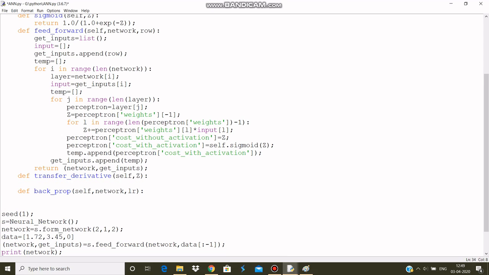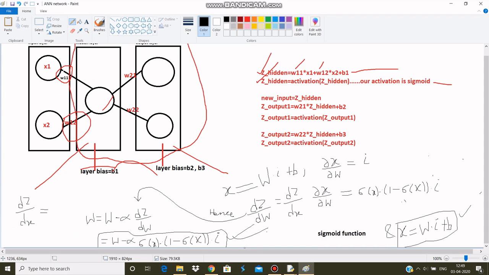Since it is OOP, we need to have self as a compulsory parameter and z as the other parameter. It will return z into 1 minus z. Okay, so this is our transfer derivative.